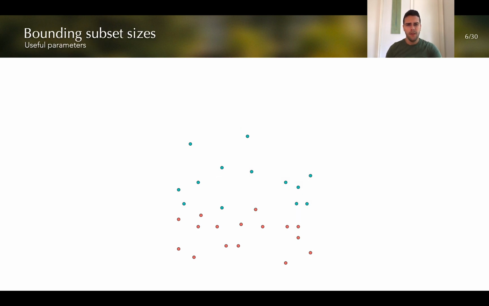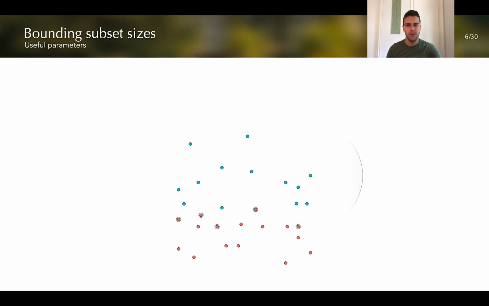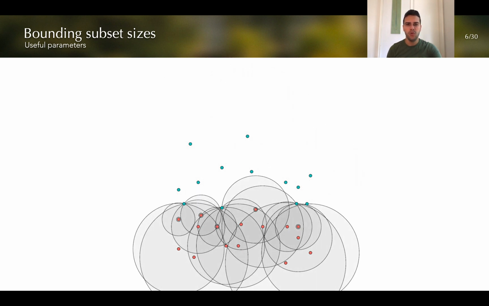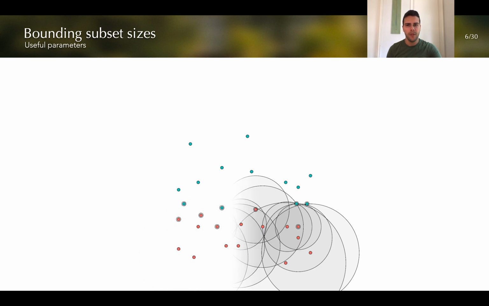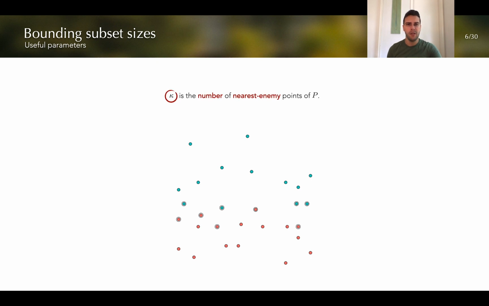Now, these definitions allow us to understand the complexity of the problem in question. If we consider all the nearest enemy points of the blue points in the training set, which are these red points, and similarly we do the same with the rest of the classes, then we're left with a set of points which are the set of all nearest enemy points in the training set, which is of cardinality kappa.